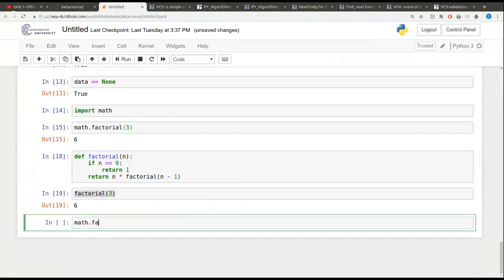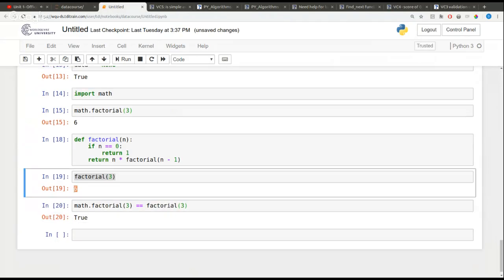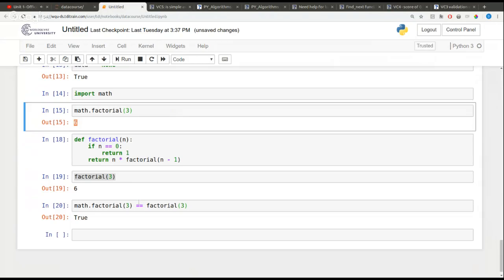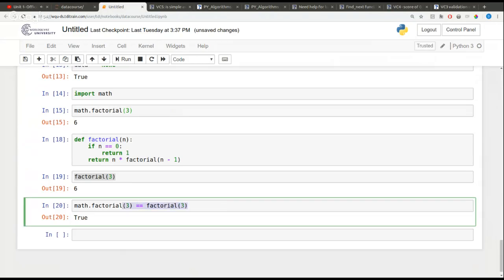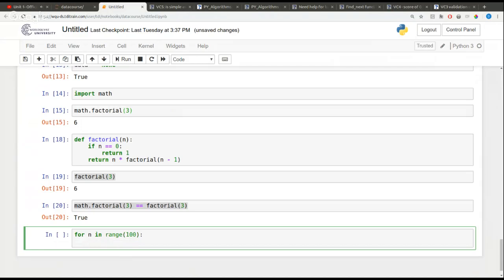If I compare my factorial with math.factorial for some number, I get true because 6 is equal to 6. So I'm just comparing that the outputs of these two functions are the same. I can put this in an iteration where I test a whole bunch of numbers, say the numbers 0 through 100.